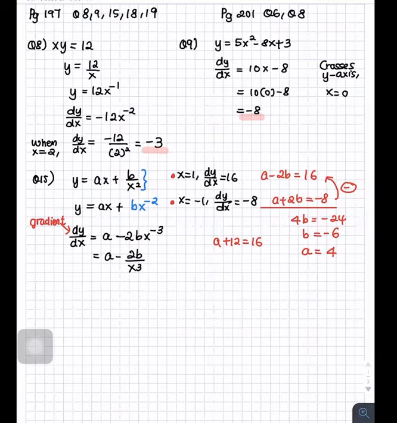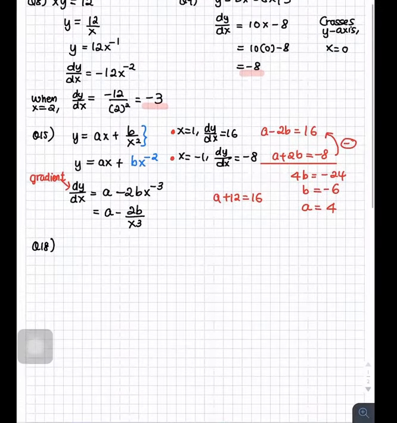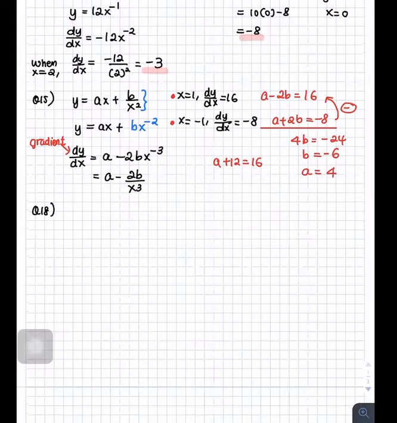Gabby, can you read question 18 for us, Gabby? Given that y is equals to 4x cubed plus 3x squared minus 6x minus 9, find the range of values of x which dy over dx is bigger equals to 0.